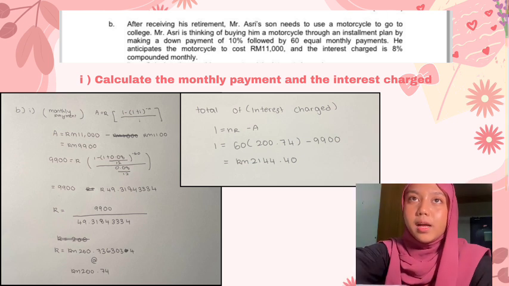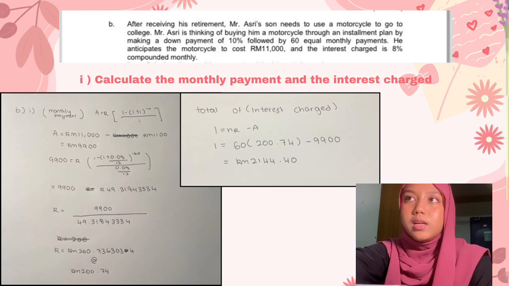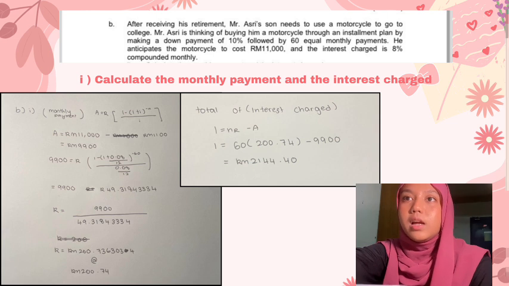Calculation for B1. The formula that we use to find the monthly payment is A equals R, 1 minus 1 plus i to the negative n, divided by i. A equals 11,000 ringgit minus 1,100. So the answer is 9,900. 9,900 equals R, 1 minus 1 plus 0.08 divided by 12 to the negative 60, divided by 0.08 divided by 12.